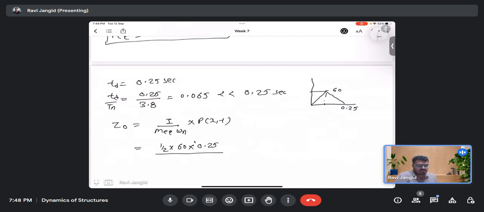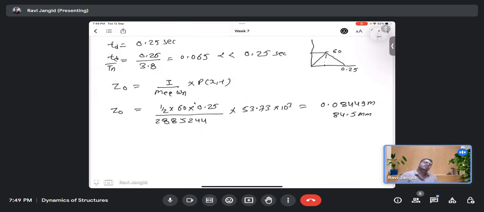M equivalent we have calculated 2885,244, and PXT was 53.73 into 10 raised to power 3. So if you do this, I am getting my Z naught as 0.08449 meter, or you can say it as 84.5 mm.